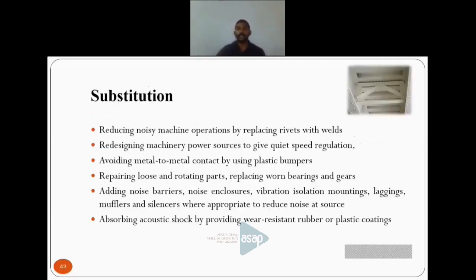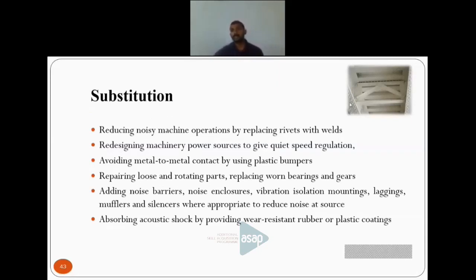Next is substitution. Substitution means there is already an existing industry, so we are substituting what is already existing. Instead of using one material, we use another which produces lesser noise. For example, replacing rivets with welds.